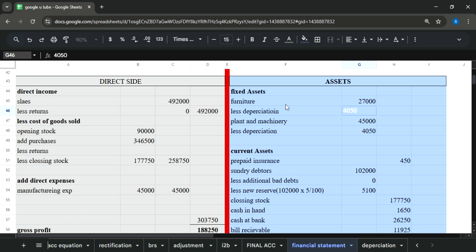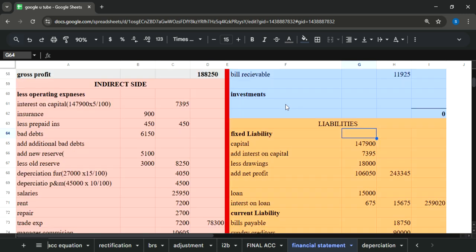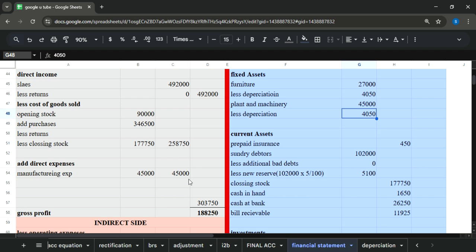And now we will say how much amount of plant and machinery depreciation. That is 4500. Okay. We will now calculate net amount of furniture less depreciation. Similarly, amount of plant minus depreciation. You have got these two amounts.